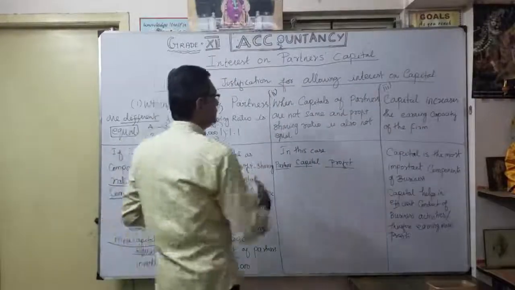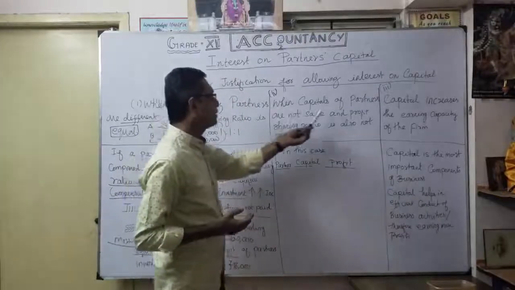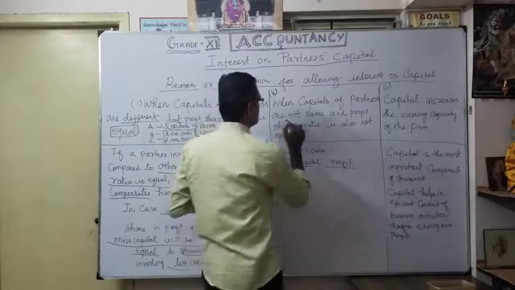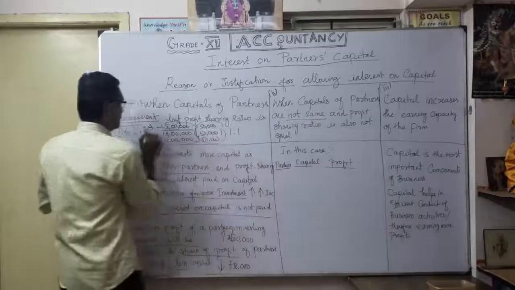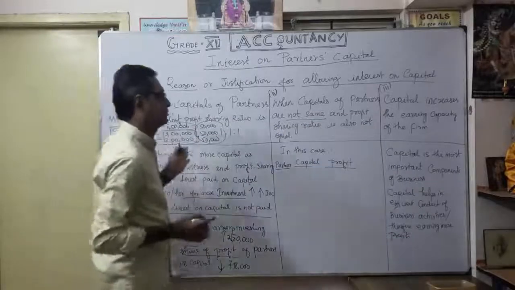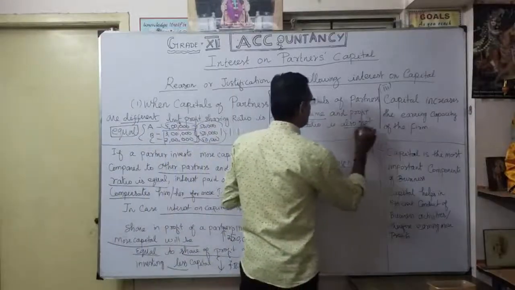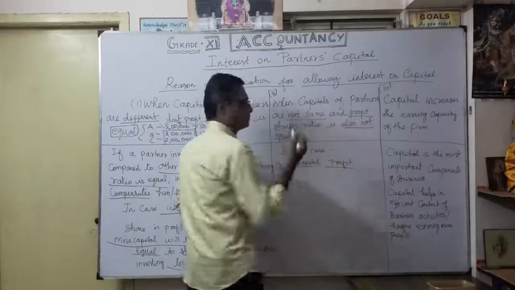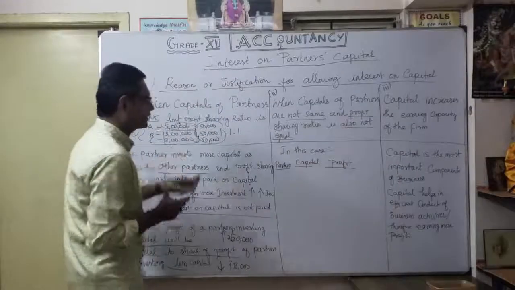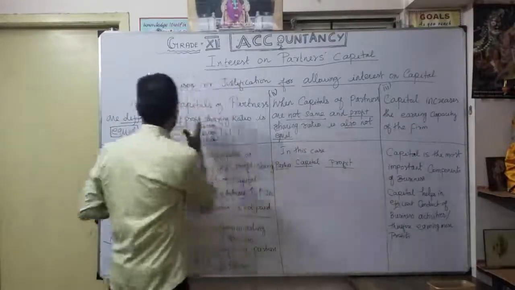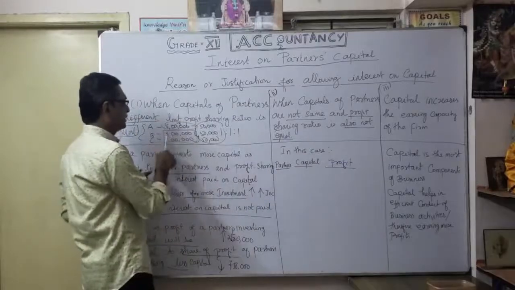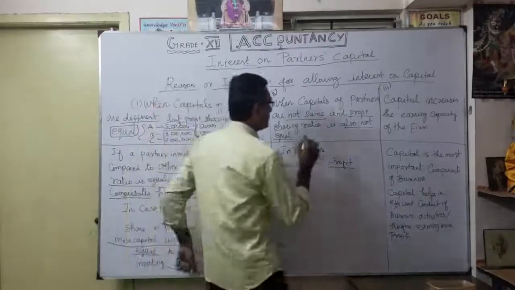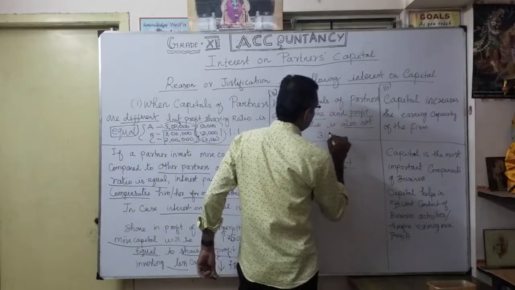So coming to the second situation: when the capital of partners is not the same, and the profit ratio is also not the same. For example, I will explain it here. Capital of A, B, C is 5 lakh, 3 lakh, 2 lakh, but the ratio may be 3:3:4.